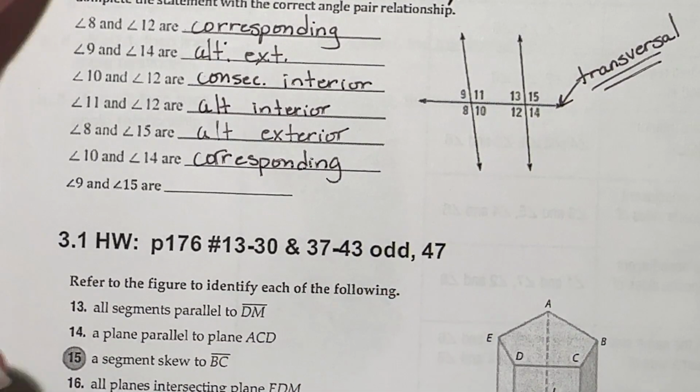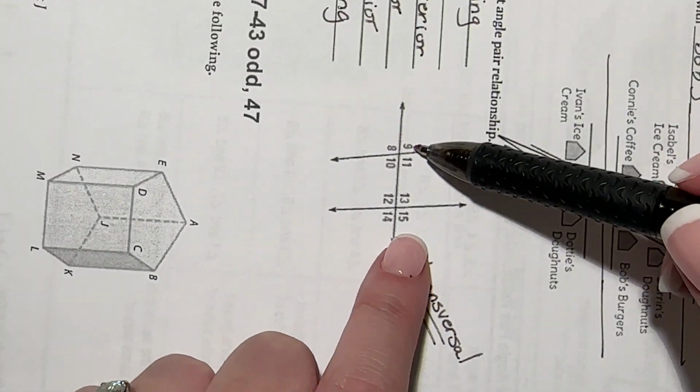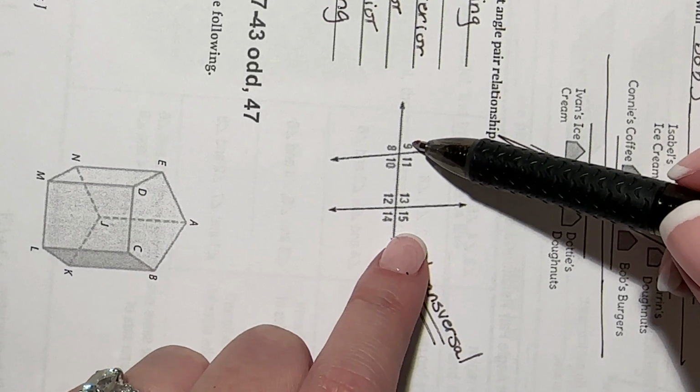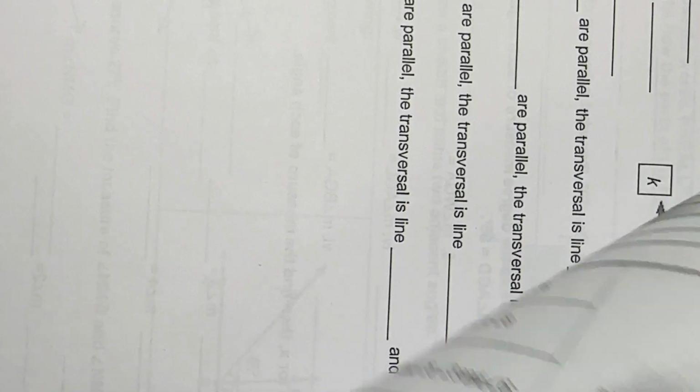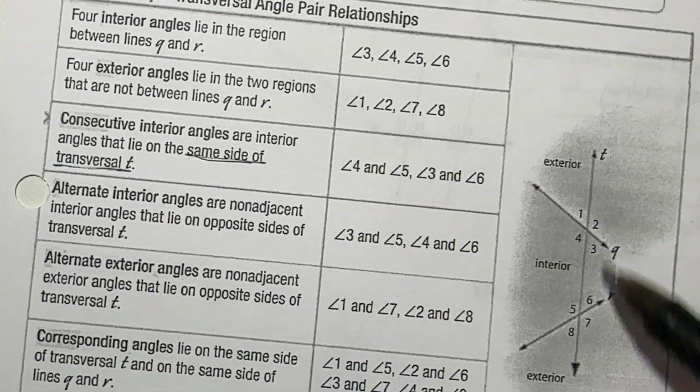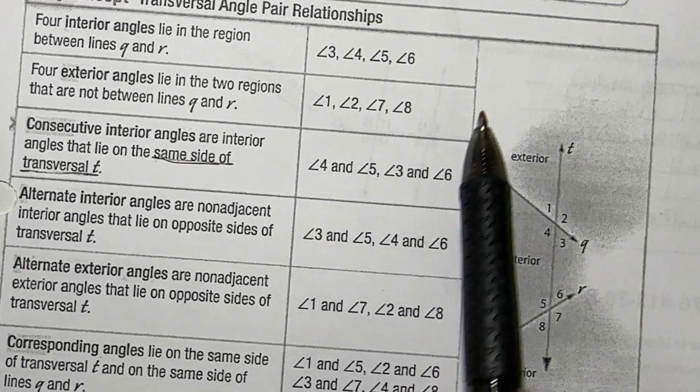All right, our last one is 9 and 15. Okay, 9 and 15. So they are on the same side of the transversal. Okay, again, let's go take a look. So that would be like having 2 and 7. So let's go find 2 and 7. Where's 2 and 7?